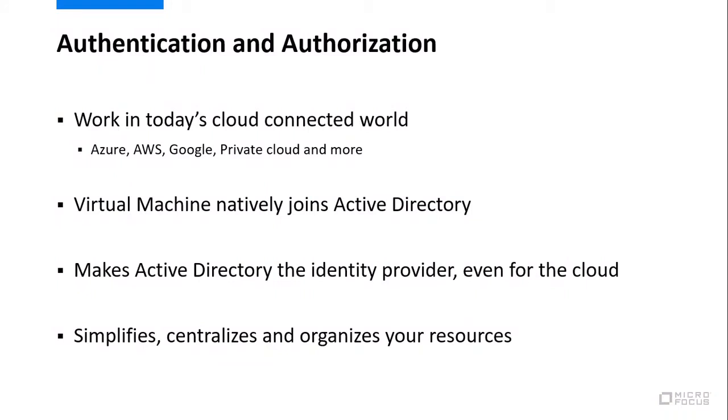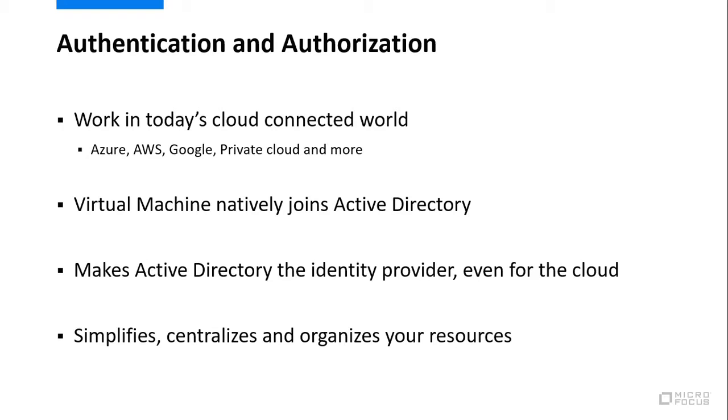So what do we mean when we talk about authentication and authorization? Well, today's connected world means you have resources living in places like Azure or AWS or Google or even private clouds, sometimes in multiple places. And what we do is allow you to virtually join Active Directory from those resources without the need to establish VPN access and without duplicating accounts on those remote resources.